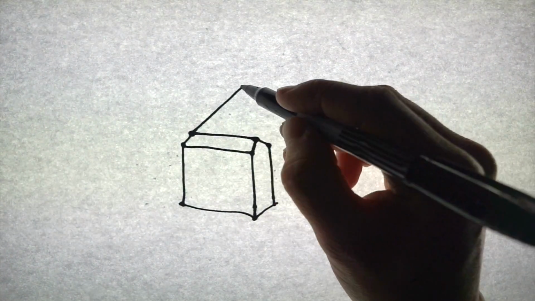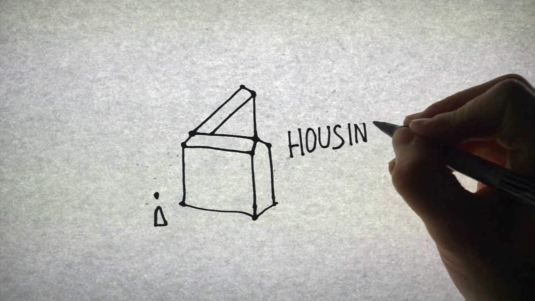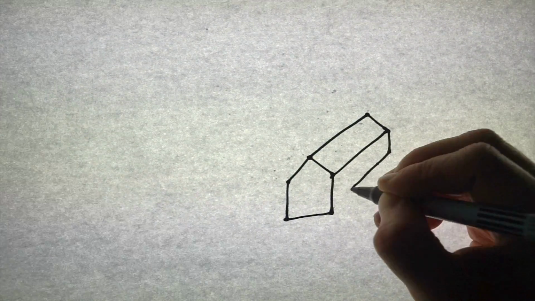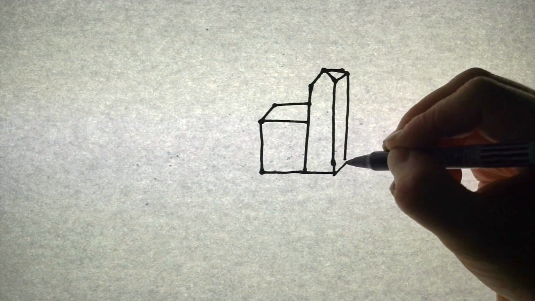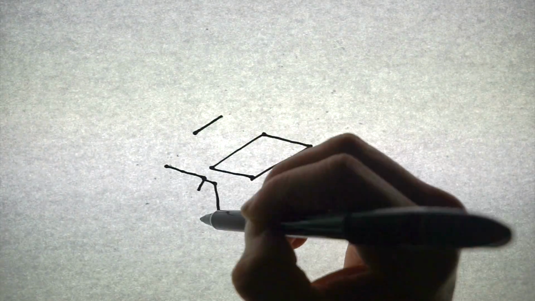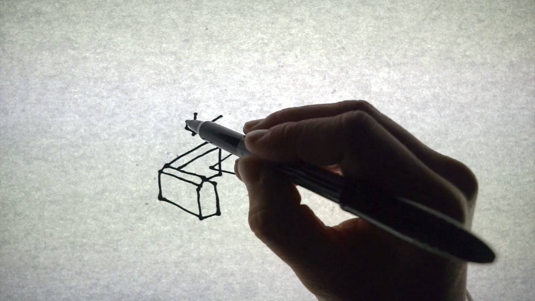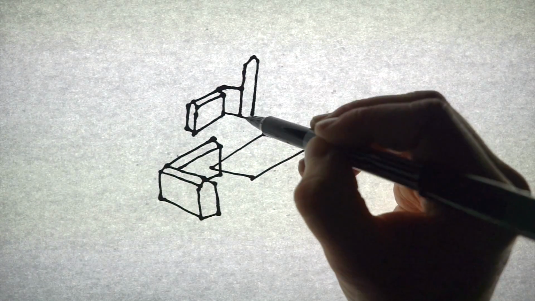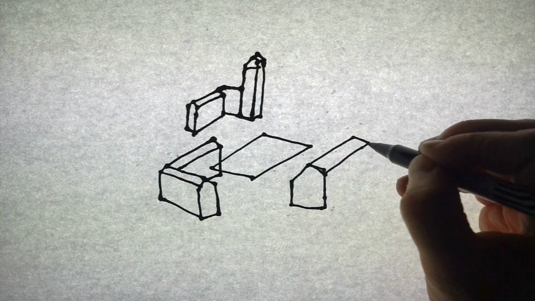Firstly, the housing was built. Then the hall for dining. Then finally the chapel, which encloses the courtyard, thus creating the quadrangle. The spatial layout of the quadrangle becomes the precedent for future colleges.